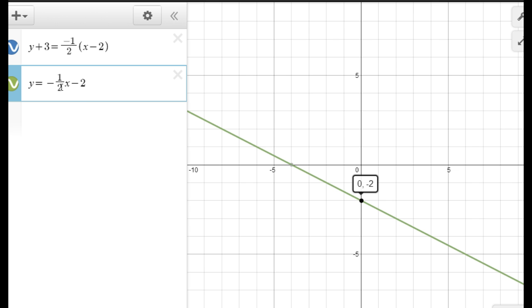So it's the same line. This just gives us negative 2, whereas the point-slope lets us know that 2 comma negative 3 is what's on the line. And remember, the signs are opposite. So that's positive 2, negative 3 right here. 2 comma negative 3. Okay.